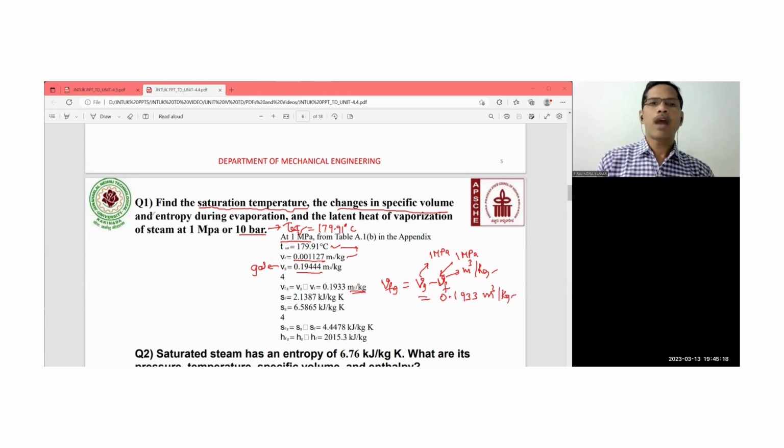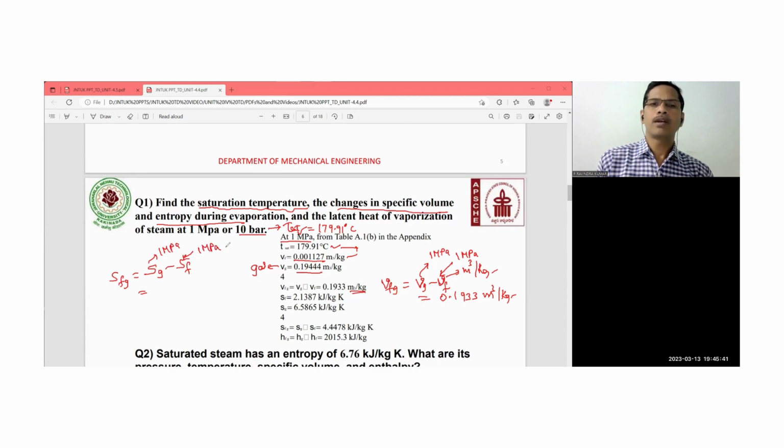After that, they have asked for the entropy change during the evaporation. Evaporation means the liquid-vapor mixture, so that is nothing but Sfg equal to Sg minus Sf. The Sg value at 1 megapascal or 10 bar, and the Sf value also at 1 megapascal.